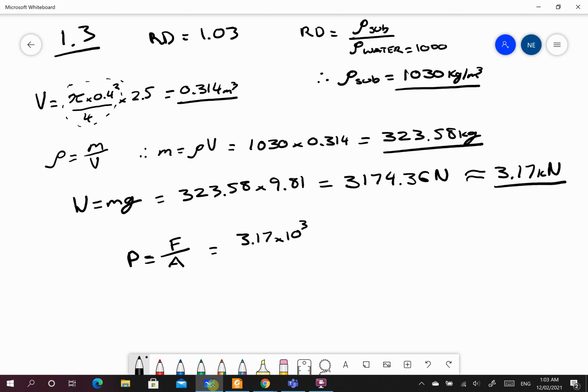That's just converting it back to newtons, all over the area, pi by 0.4 squared on 4. That gives me 25.3 kilopascals, kPa. That's the pressure.